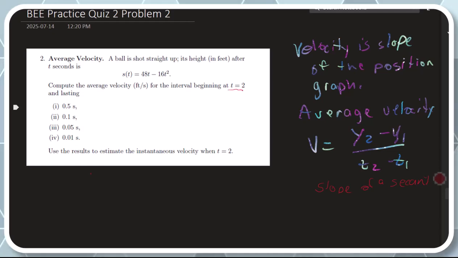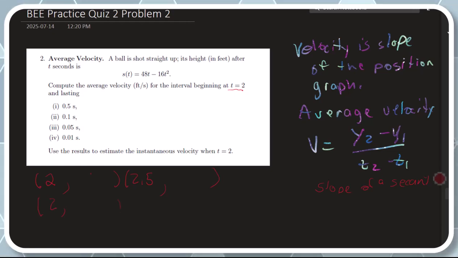Well, we're starting at 2, and then we're ending sometime after it. We've got 4 here, so our first one will start at 2 and end at 2.5. I don't have the position yet, but we'll get there.